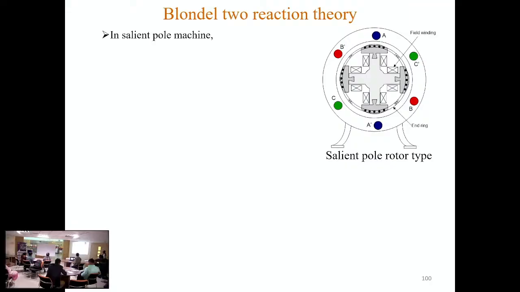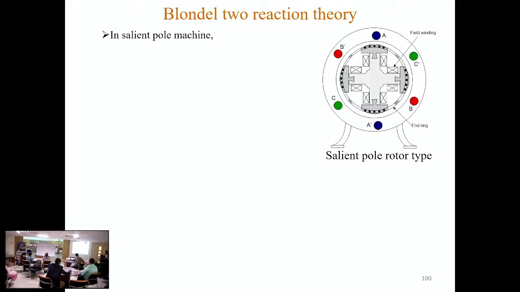So here you can see along the polar region, this air gap length is much smaller than the air gap length in the interpolar region. When the rotor rotates, consider this conductor C dashed. Whatever reluctance it is experiencing now will be different after a certain time interval.